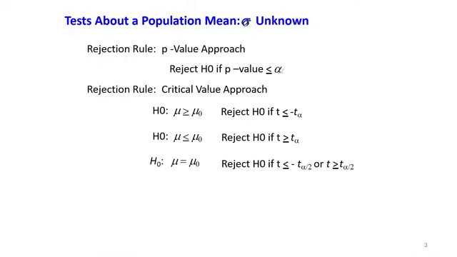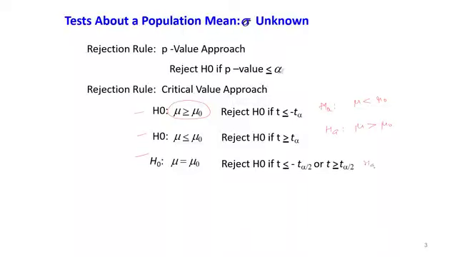Here again, you will find the same three scenarios. Where your null hypothesis could be mu greater than or equal to mu zero, my alternate hypothesis would be just the opposite, mu less than mu zero. In this case, the null would be mu less than or equal to mu zero and the alternate mu greater than mu zero.